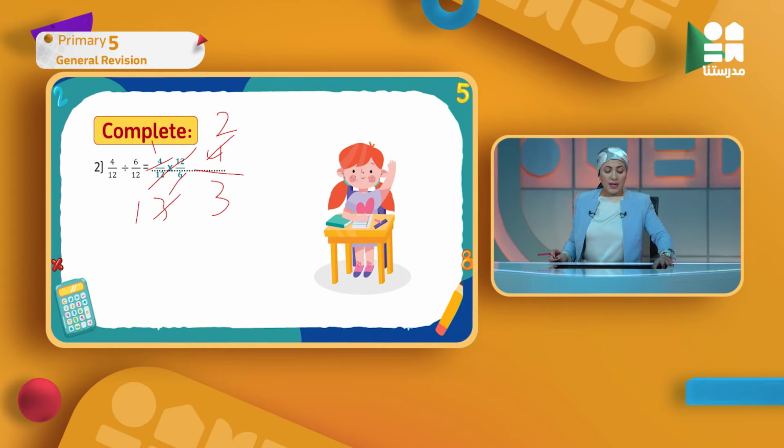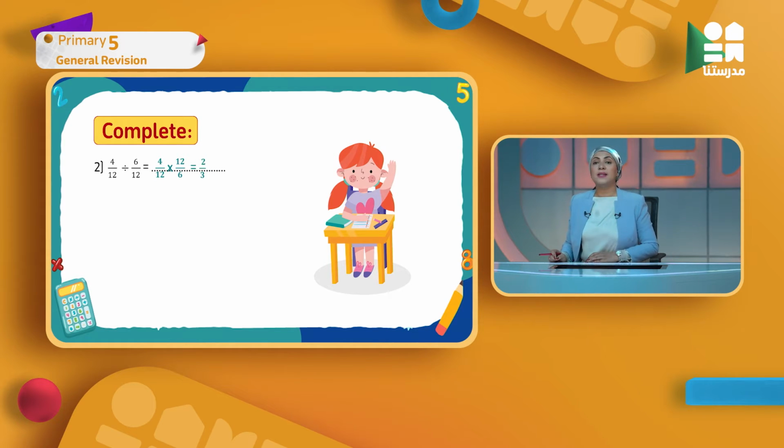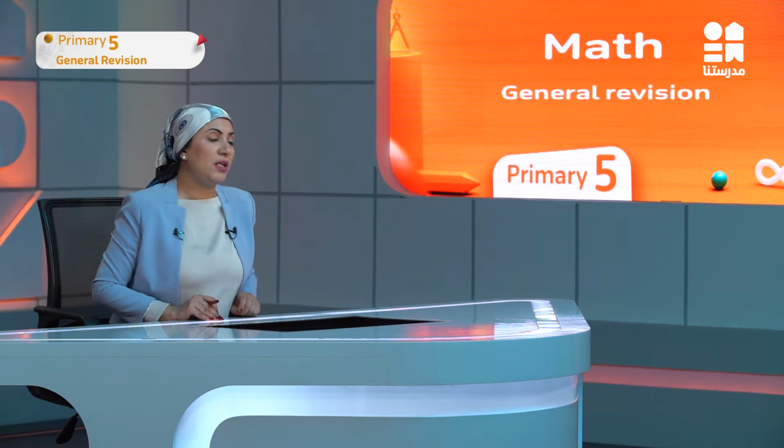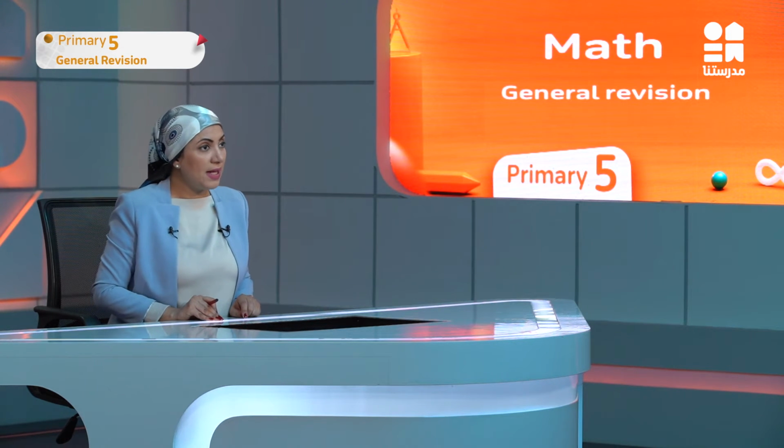Okay, so I followed all the steps to come up with this answer 2/3. I changed the question from a divided question to a multiplication question and then I simplified the numerators and the denominators together to their simplest form to come up with this answer.